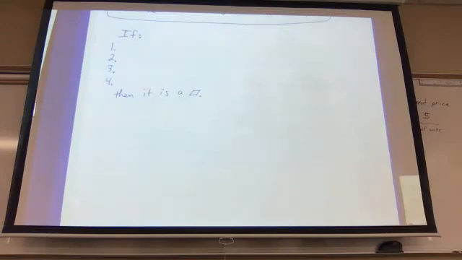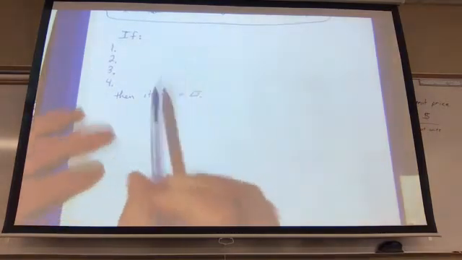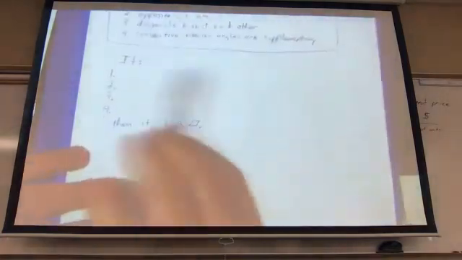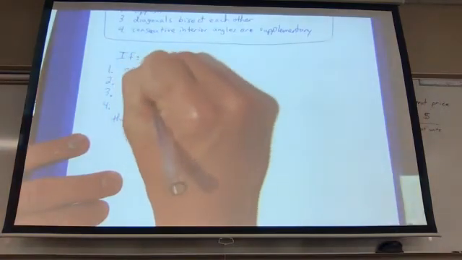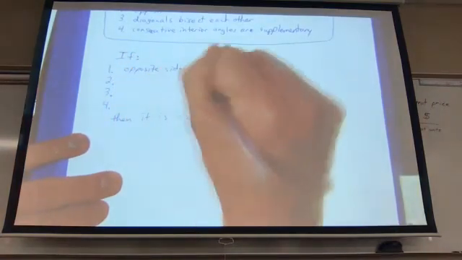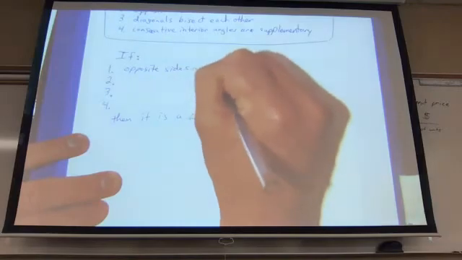There's really just one new theorem you're going to get today. So let's start with the ones that we already know. We're going to start with the opposite sides, like we did in the first one here. This one is going to say if the opposite sides are congruent, then it's a parallelogram.